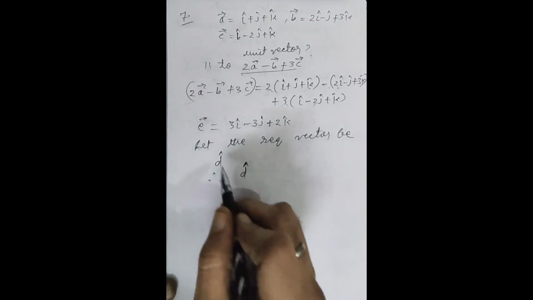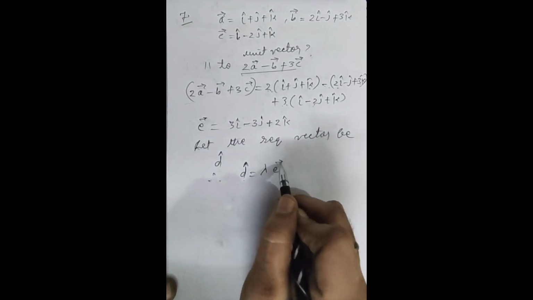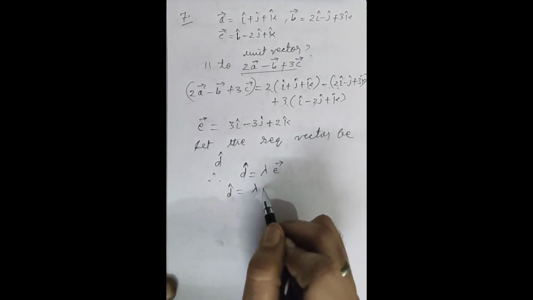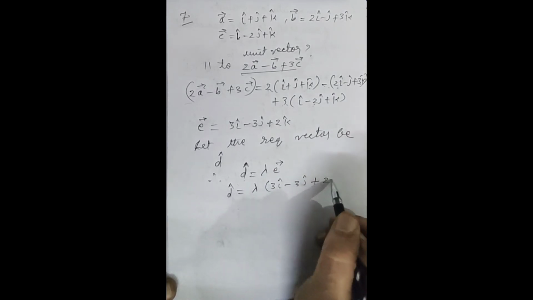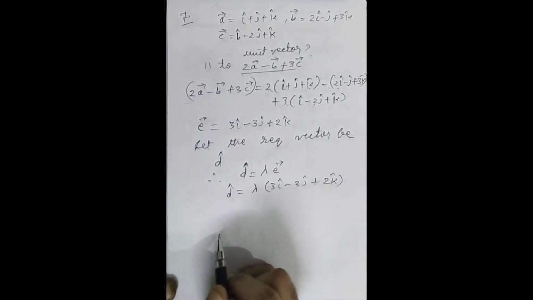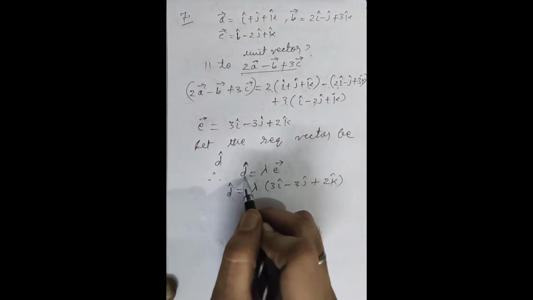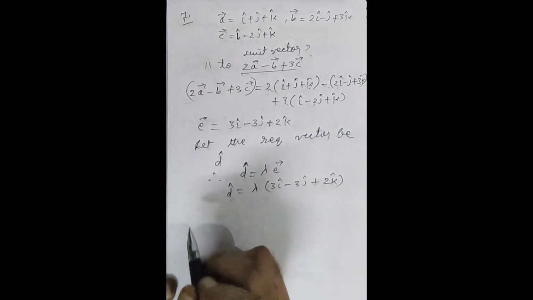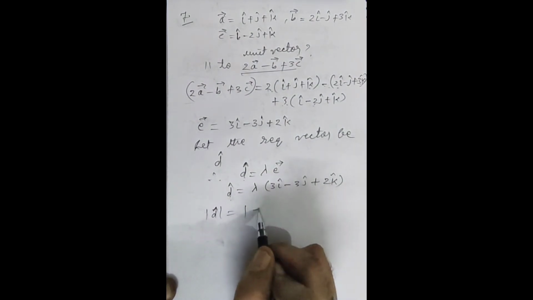But d cap is parallel to e, so that's why we say d cap is equal to lambda e, which means d cap will become lambda times 3i minus 3j plus 2k. As I have already taken, this is d cap, a unit vector, its magnitude will be 1, or we can say its square also is 1.